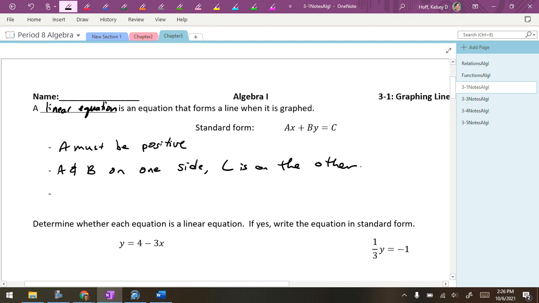And A and B, I really mean your x and your y need to be on one side. And C is just going to be a number by itself, no letter with it, needs to be on the other side. And the rule that we actually like the most about standard form is absolutely positively no fractions.